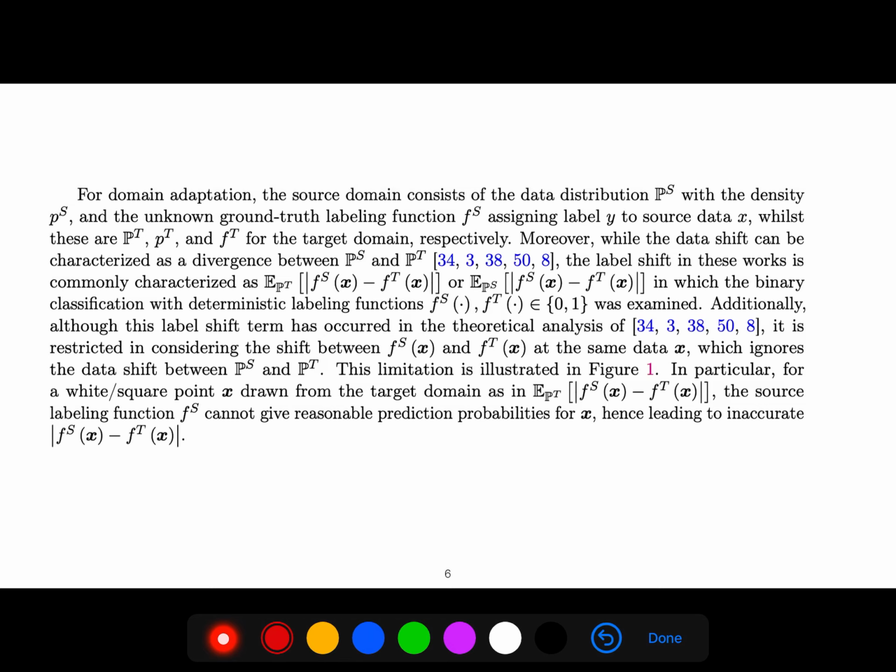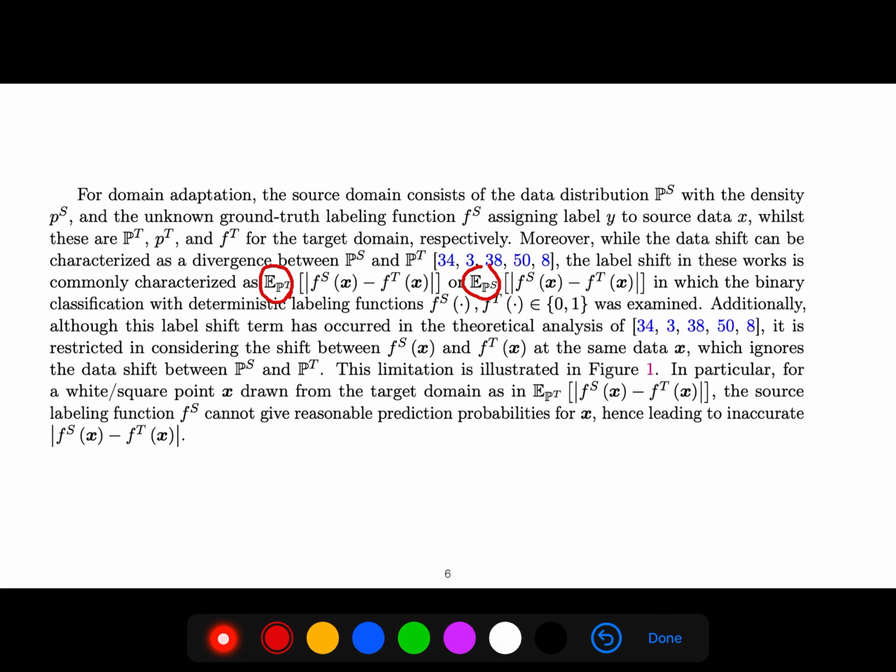While the data shift can be characterized as a divergence between P sub S and P sub T, the label shift in these works is commonly characterized as this expectation over target and this expectation over source, in which binary classification with deterministic labeling was examined.